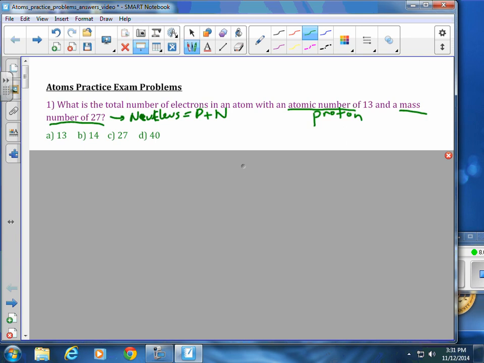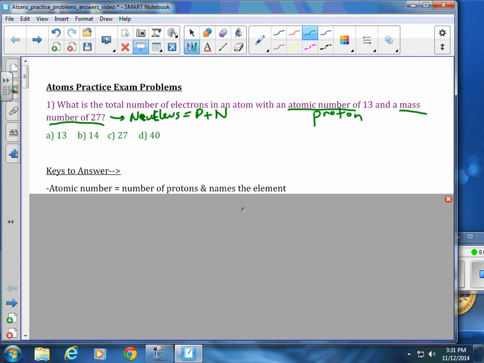So what I'm asking you in this problem is to know the total number of electrons in an atom. Now, if I know my atomic number is 13, then that means there are 13 positive charges in this atom. 1, 2, 3, 4, 5, 6, 7, 8, 9, 10, 11, 12, 13.